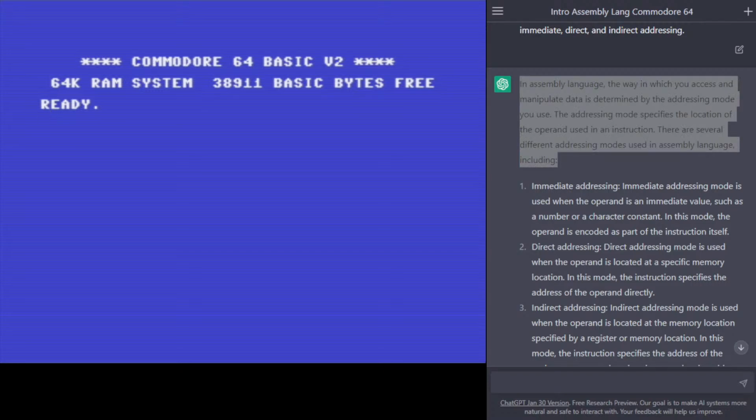In assembly language, the way in which you access and manipulate data is determined by the addressing mode you use. The addressing mode specifies the location of the operand used in an instruction.